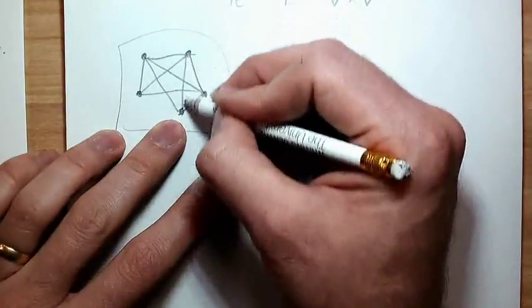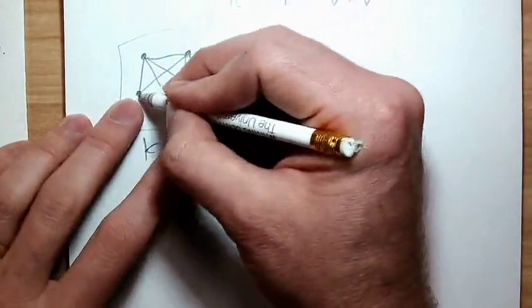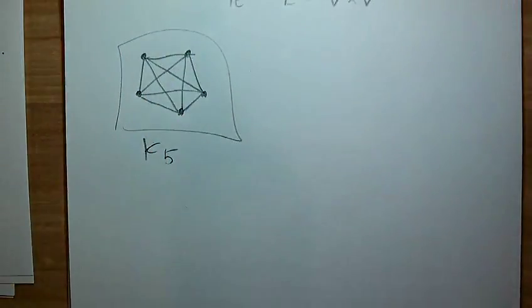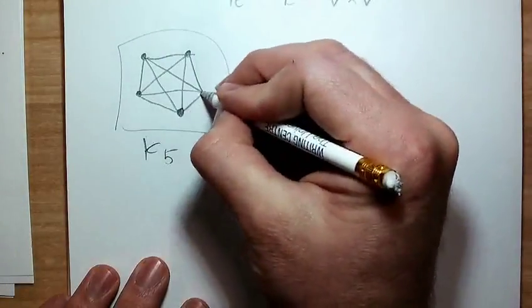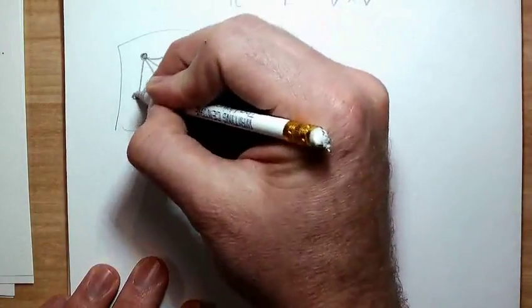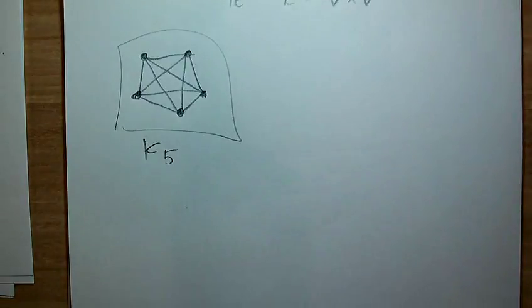This has to be connected to everything, and this one's already been connected to everything. That's K5. And K7 would be similar. If you want to draw one, you'll just run through all of the possibilities. It doesn't necessarily have to look like that, but in general, the simplest way of drawing them is to draw them as a star.